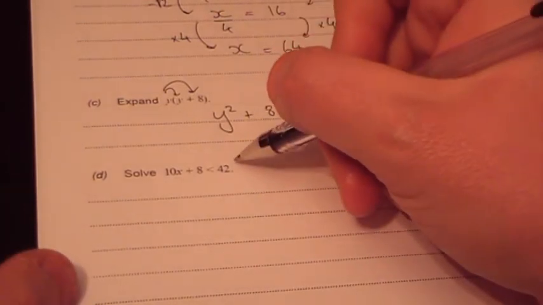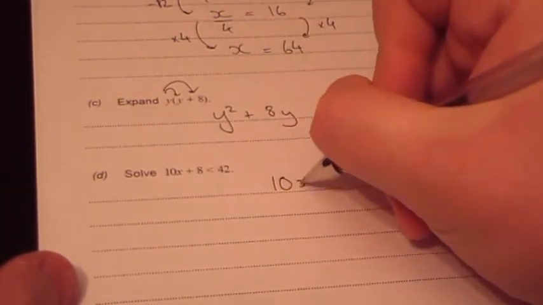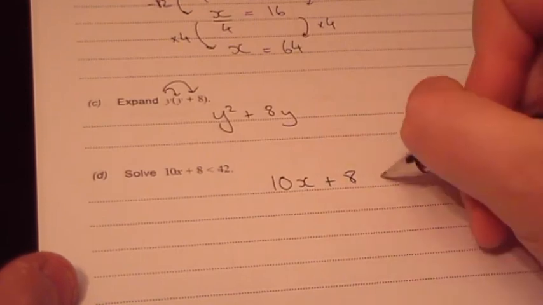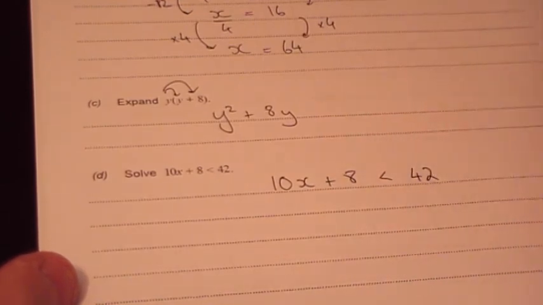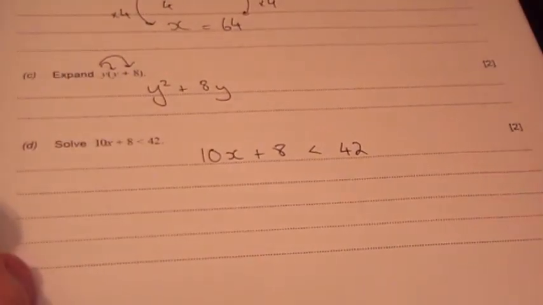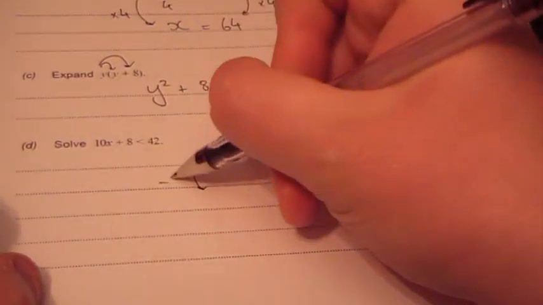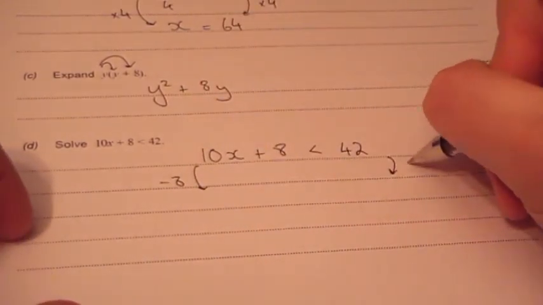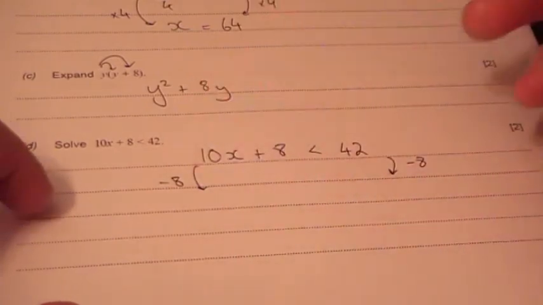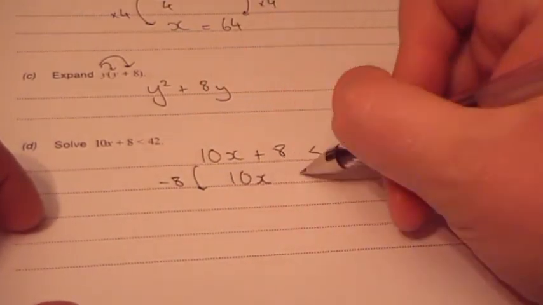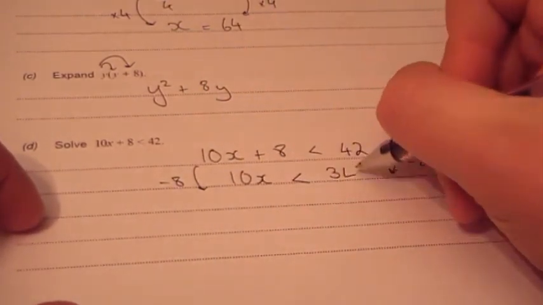Remember, the method for solving an inequality is exactly the same as solving an equation. It's just that we're getting a set of solutions rather than one distinct solution. So I'm going to subtract 8 to start with. So 10x less than 34.